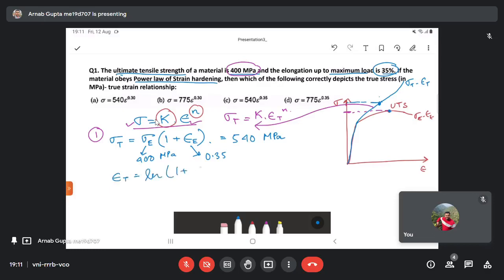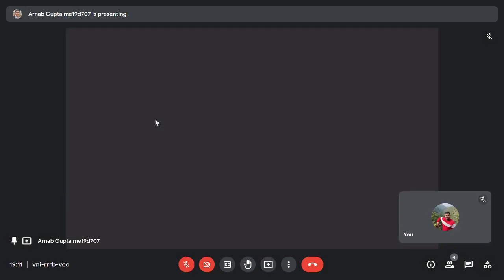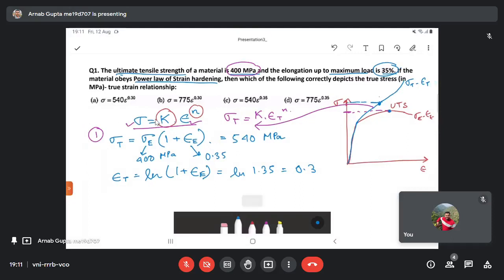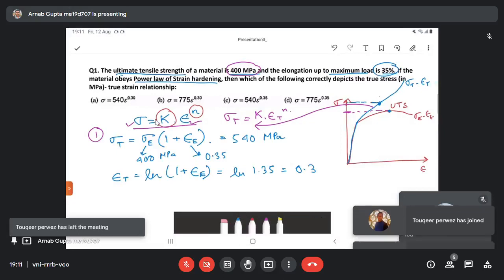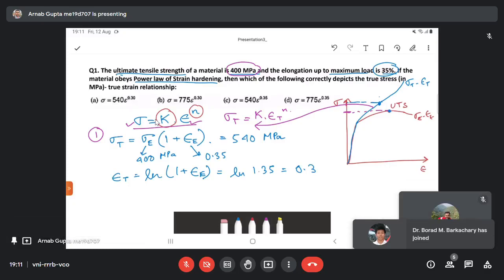It is ln of 1 plus epsilon e, so it will be ln 1.35, which is approximately 0.3, rounding to one decimal place. So we have calculated the true stress and the true strain from here.